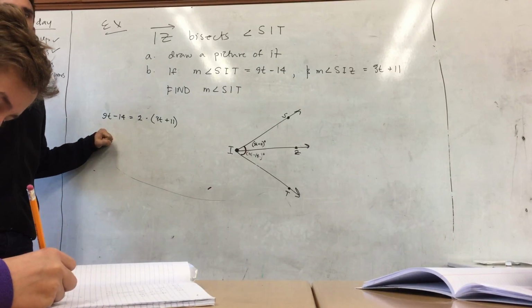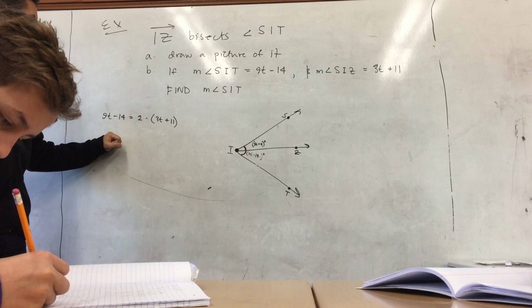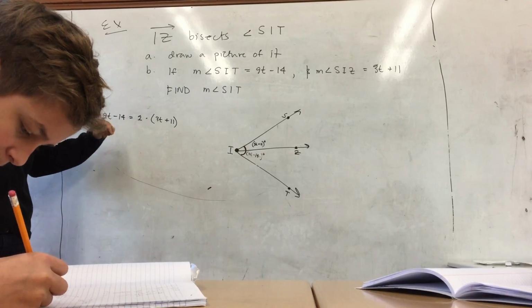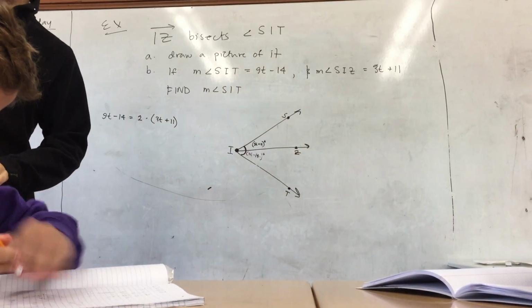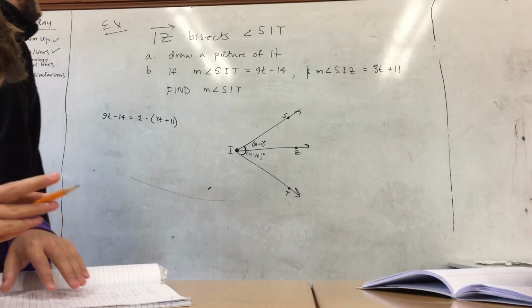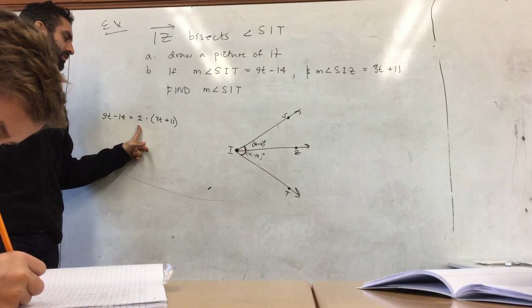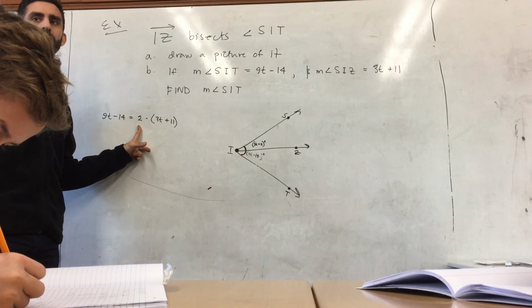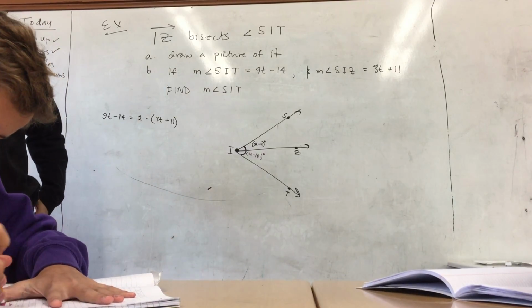Now this is all stuff we've already learned before. Now you're just solving for a variable. So go ahead and do that. What are you gonna do with this 2? You have to distribute it. Okay?